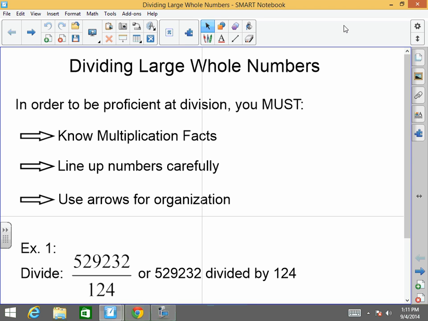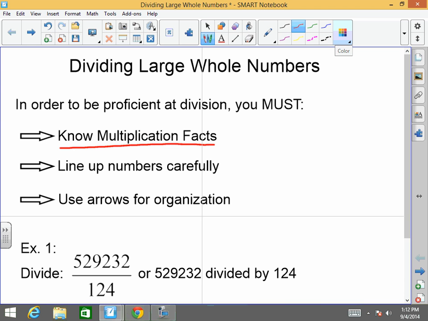Today we are going to be talking about dividing large whole numbers. In order to be proficient at division, proficient means good, you must know your multiplication facts. You gotta know your times tables by memory, at least up to the 15s.